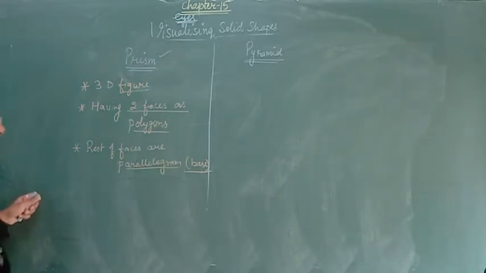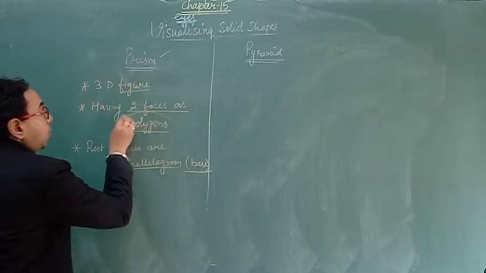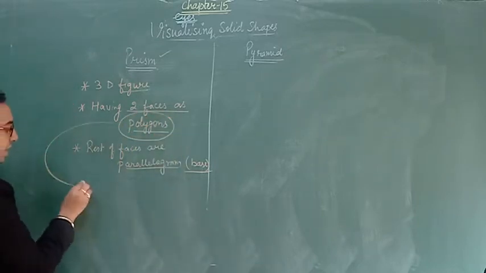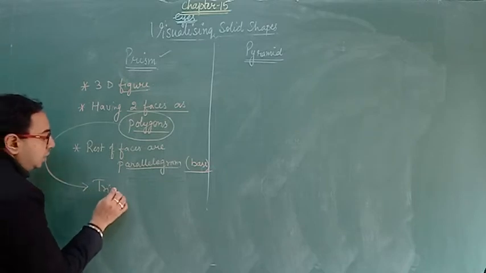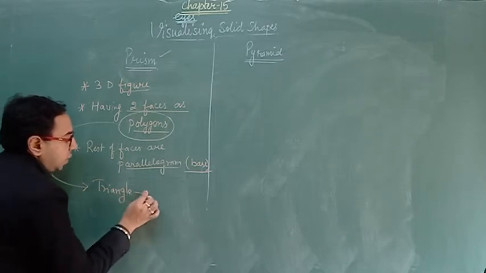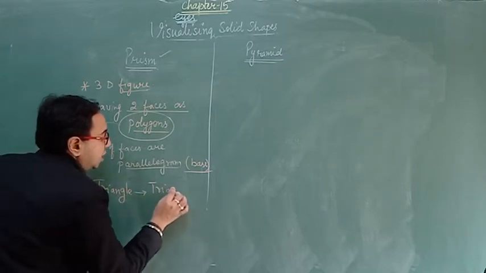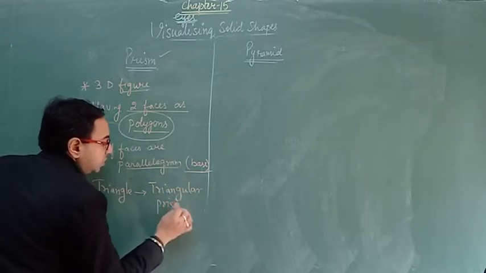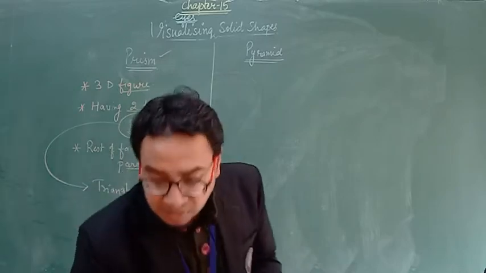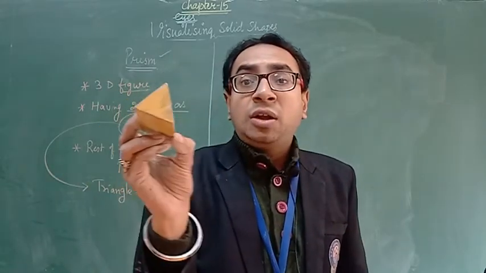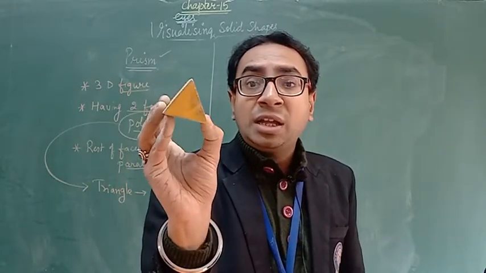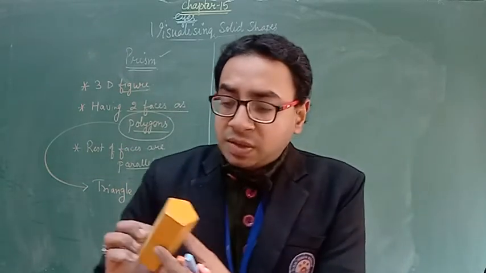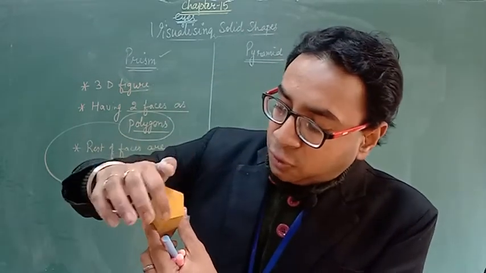Are we clear? Now, based on the polygons, we name them. If your polygon is triangle, we call it triangular prism. This is an example of triangular prism. Observe this: 1, 2, 3, 4, 5.